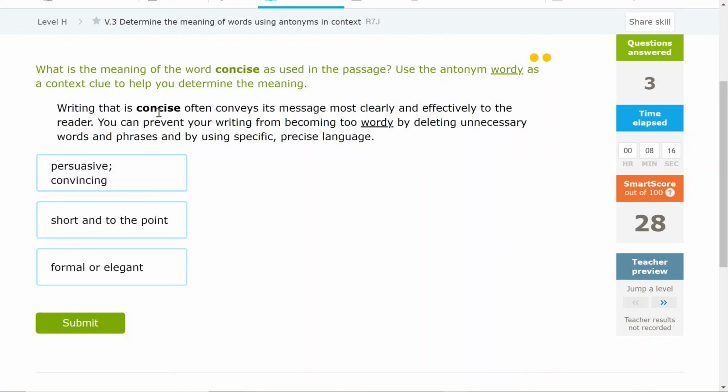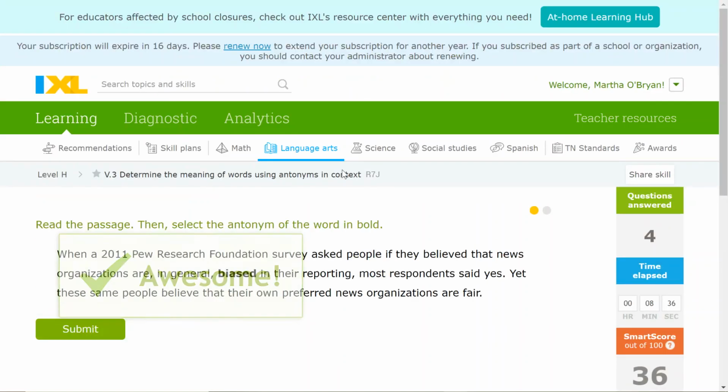So concise, persuasive, and convincing. Well, it could be persuasive but still use a lot of words. Short and to the point. That does seem like the opposite of using a lot of words. I'm going to select that one. Formal or elegant. Once again, something could be formal or elegant and use a lot of words. So I'm going to say short and to the point.